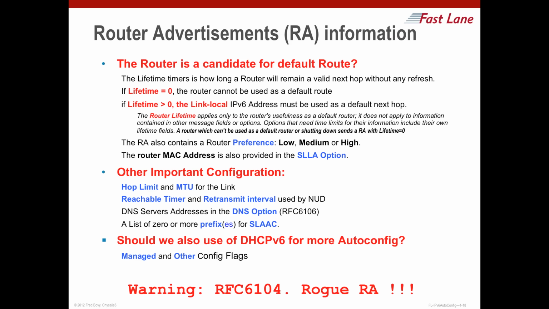with a neighbor solicitation. You also find some important parameters in the router advertisements, like the default hop limit, the MTU of the link, the parameters for the neighbor unreachability detection, the address of the DNS servers can be provided as well, and eventually a list of prefixes which can be used to derive addresses.